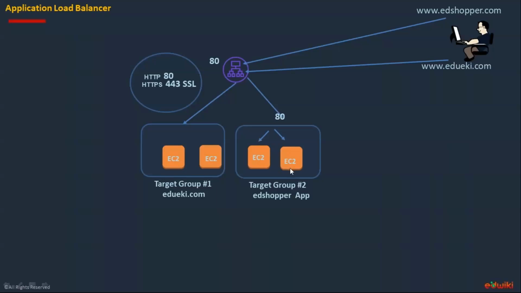So whenever the target group receives a request from the load balancer, it can verify which of the two servers is healthy. If one server is unhealthy, the target group will ensure that the request does not go to that unhealthy server. The request will always go to the healthy server only.